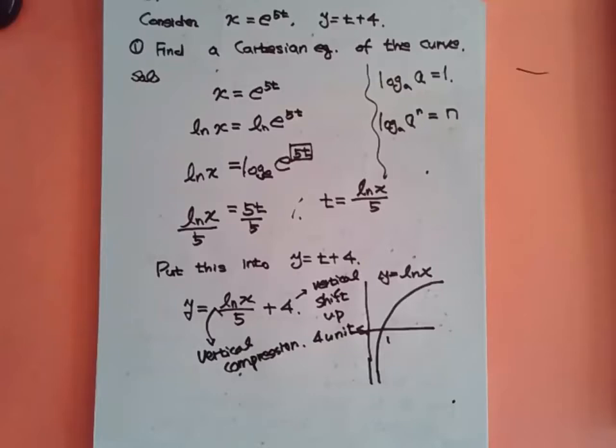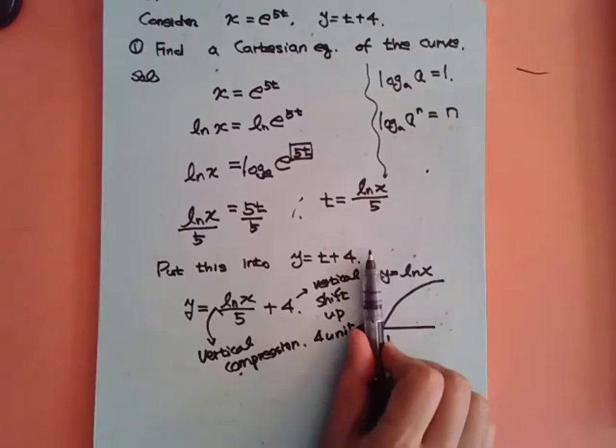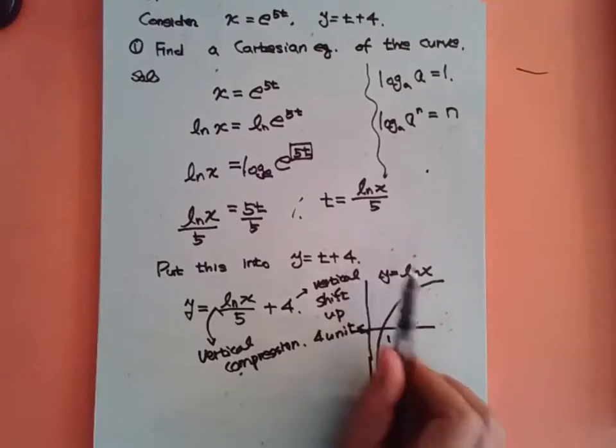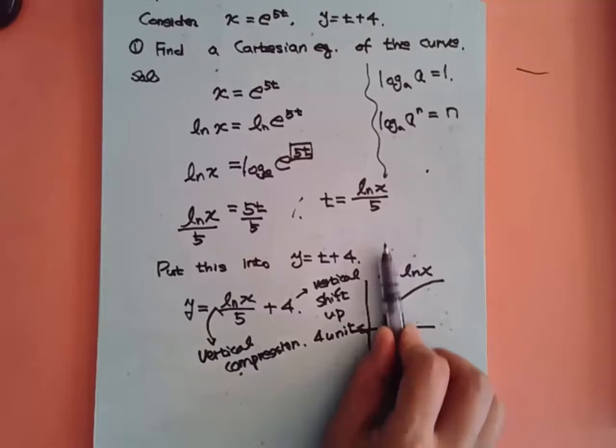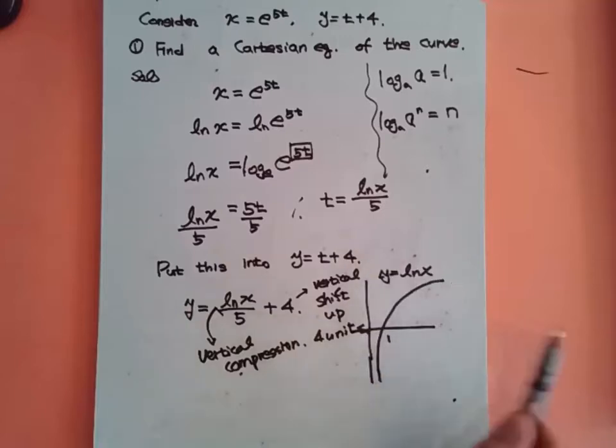So obviously it doesn't change the vertical asymptote, but the graph will shift up 4 units, and the graph will increase slower than the original one because we divided by 5.